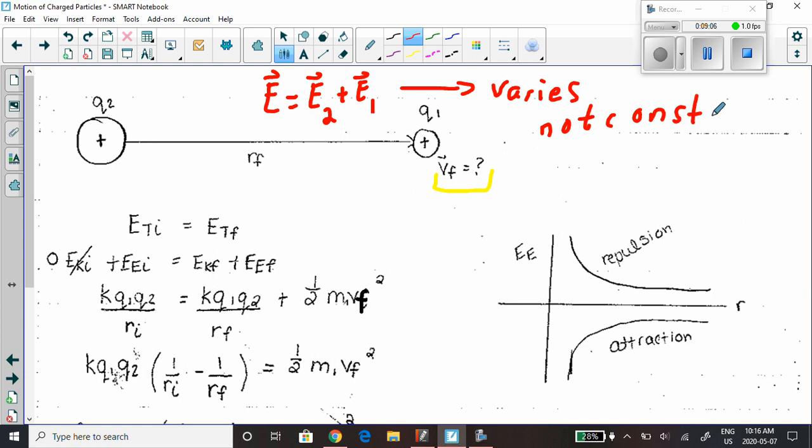What's the equation for electric field? k Q over r squared. Look, it depends on how far away you are from the charged particles. This varying electric field leads to the varying force, which leads to the varying acceleration, and which leads us, once again, to having to use energy methods.